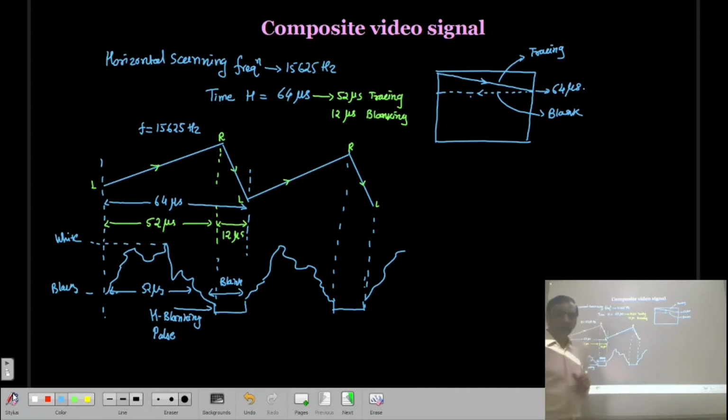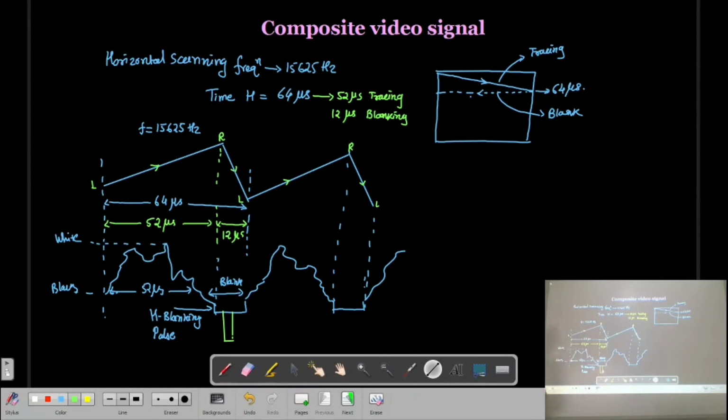In a horizontal blanking pulse, the horizontal sync pulse is added because during this time period the electron beam is cut off, and therefore we can utilize this time period to add some more information. And one of the most important pieces of information is the sync pulse. So here the sync pulse is added like this.